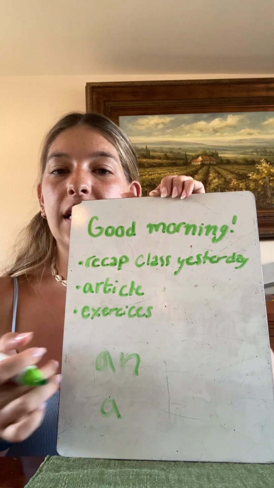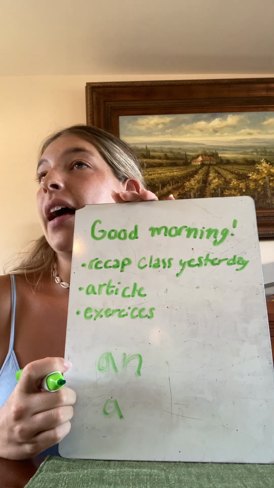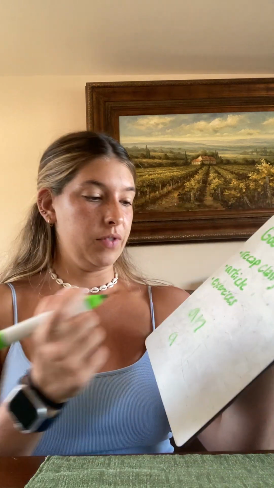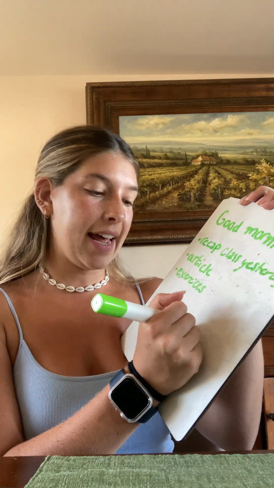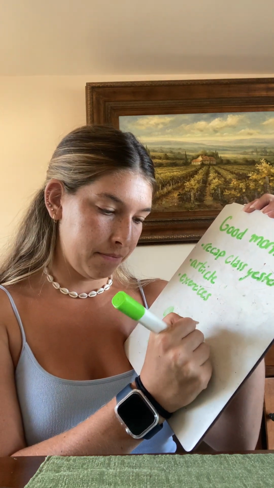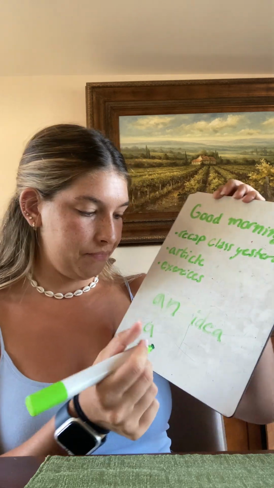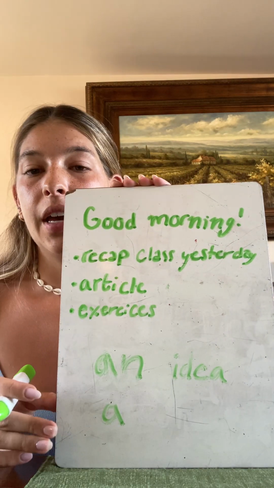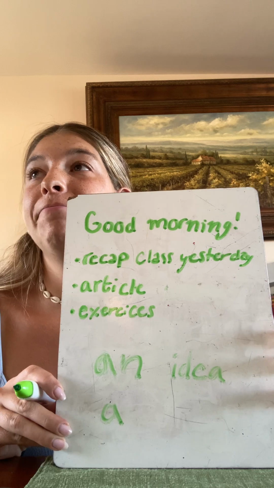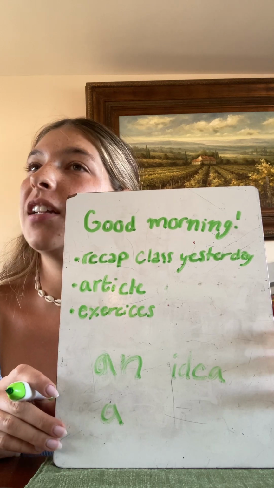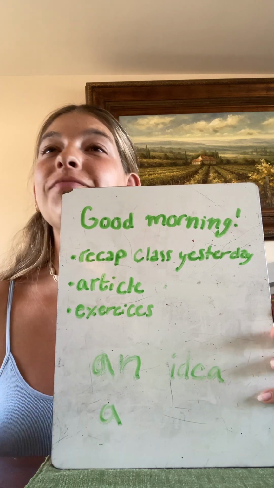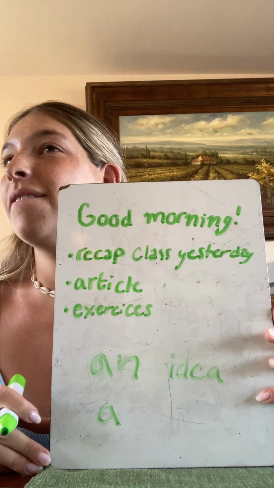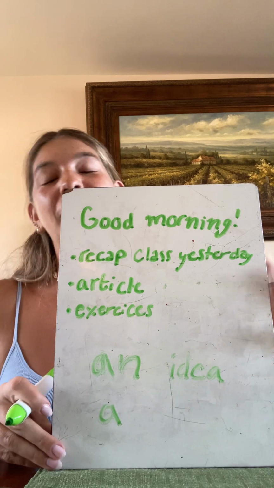So that goes in a sentence, for example, "I have an idea." Just like I said, "I have an idea." And for "a", does anyone have an idea of what to write for "a" maybe? Go ahead, Chloe. Excellent, good idea.